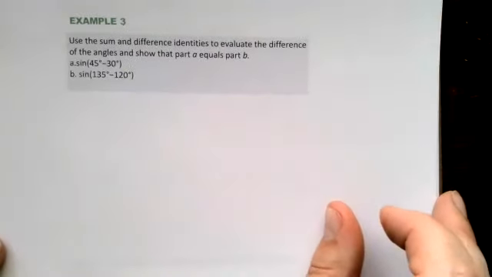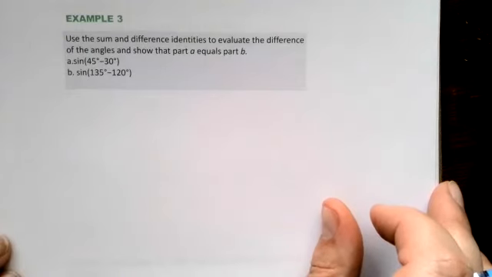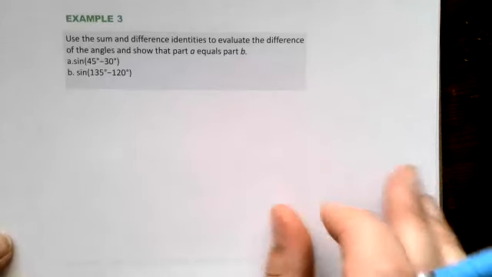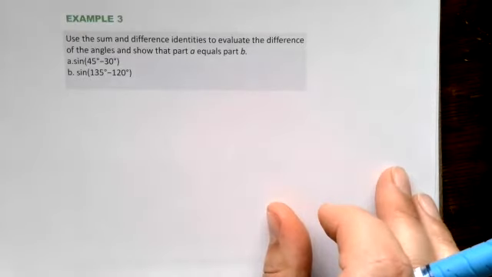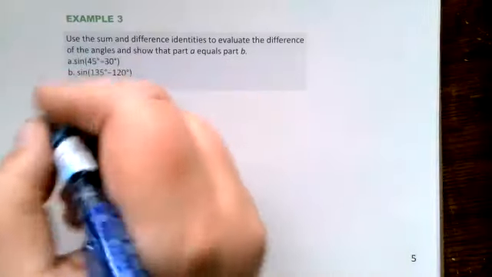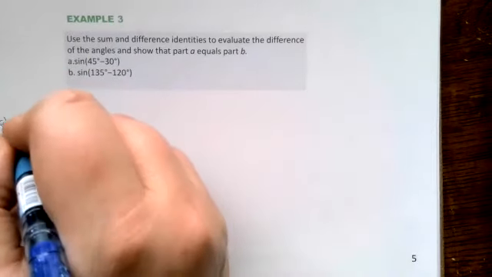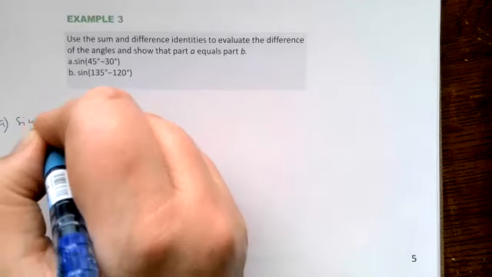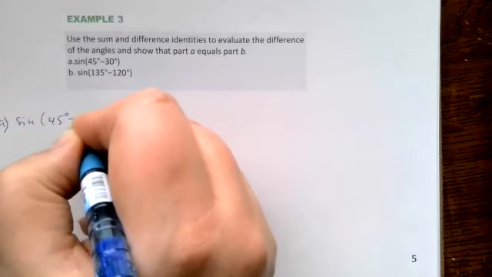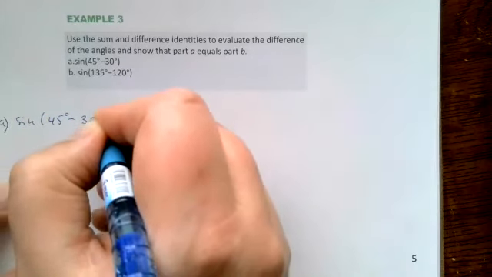Example 3 says, use the sum and difference identities to evaluate the difference of the angles and show that part A equals part B. First, part A: sine of 45 degrees minus 30 degrees.